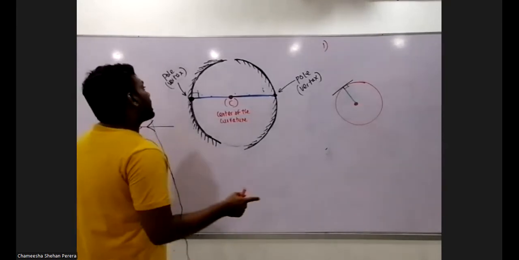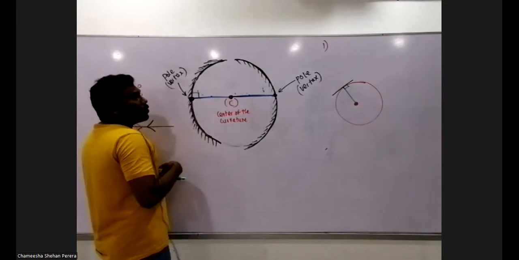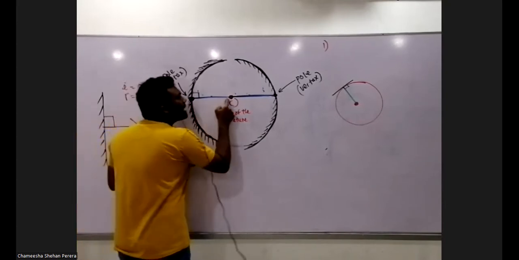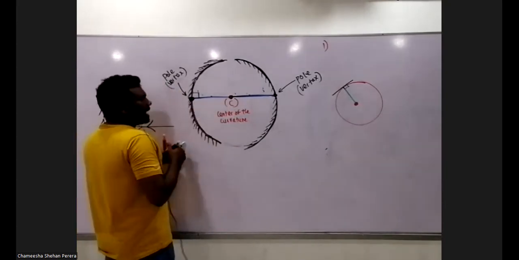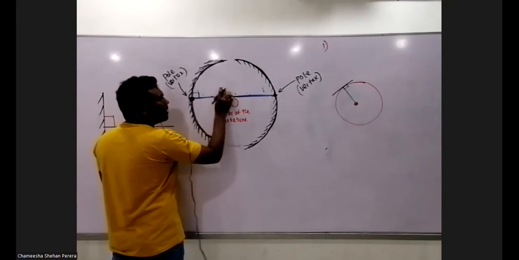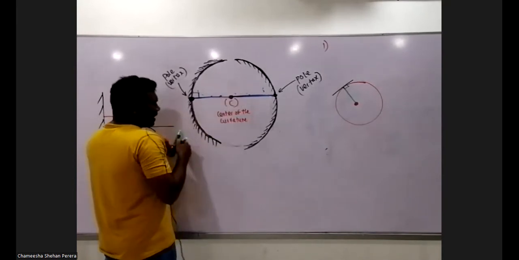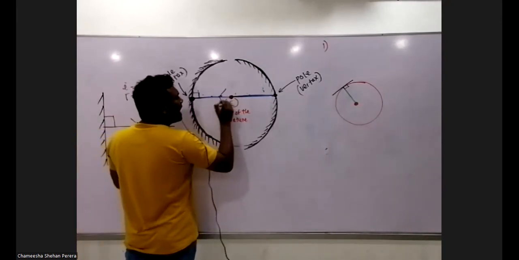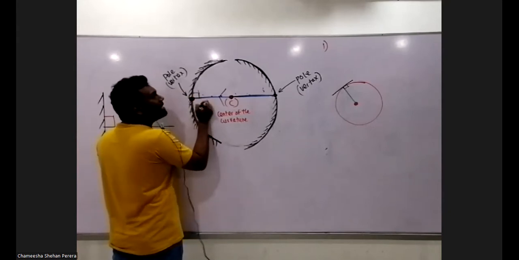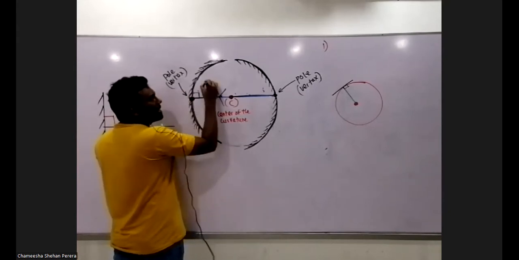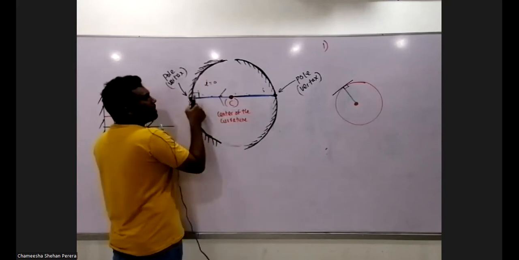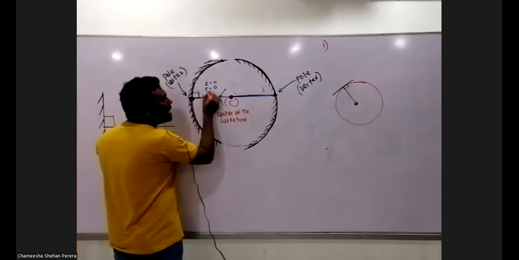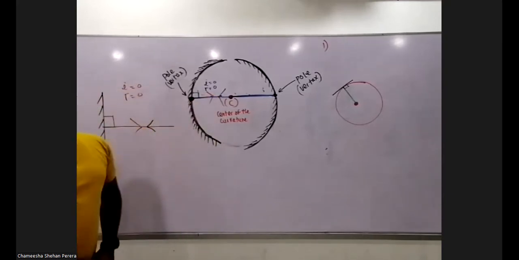Now look, if there was a light ray coming towards the concave mirror surface along the principal axis, this light ray is incident on the mirror surface perpendicularly. That means here too the incident angle is 0, so the reflected angle must also be 0. So the light ray is reflected back along the same path.